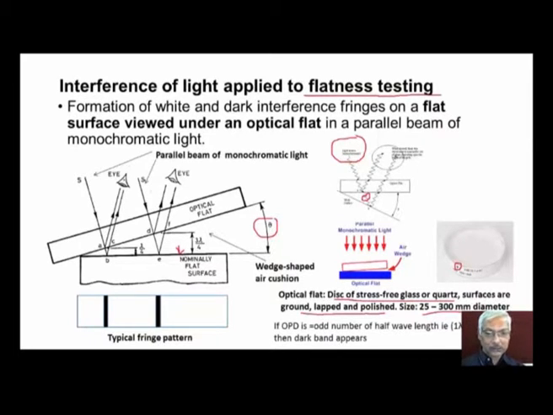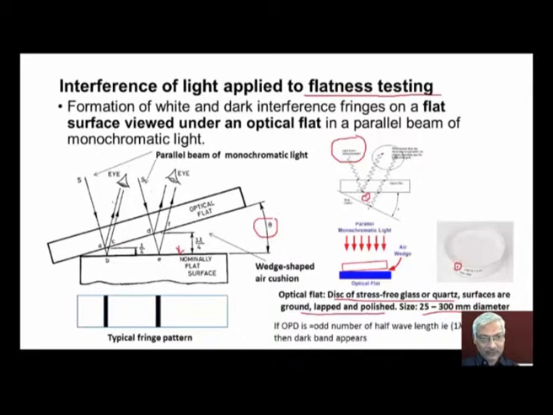Now, you can see here this incident light ray is falling at point A, and from A we have a reflected light, and another part of the light is transmitted and takes this path A, B, C, and then combines at the eye.